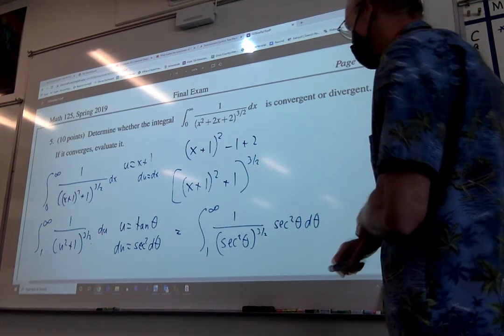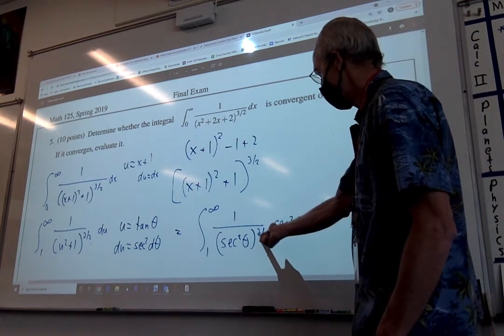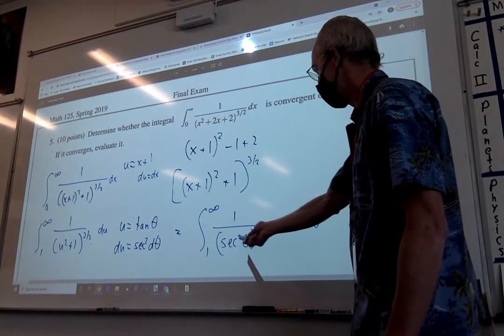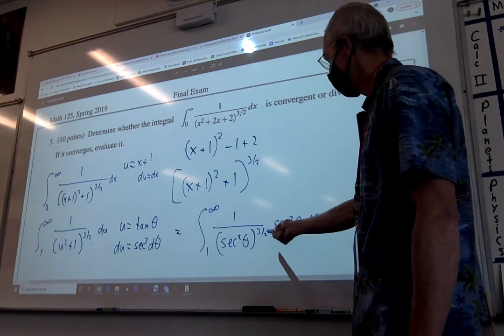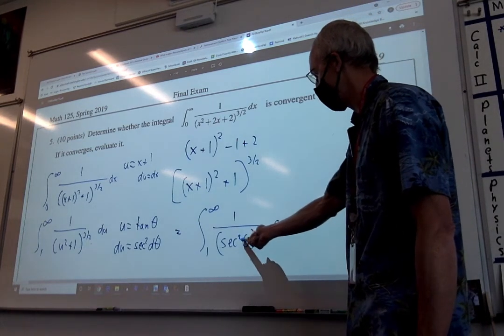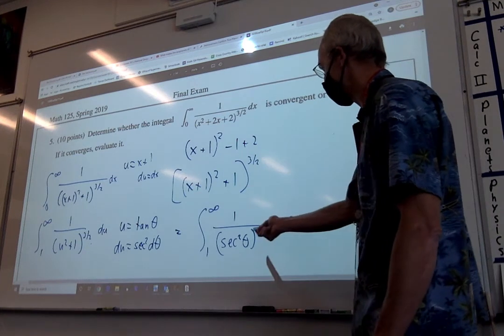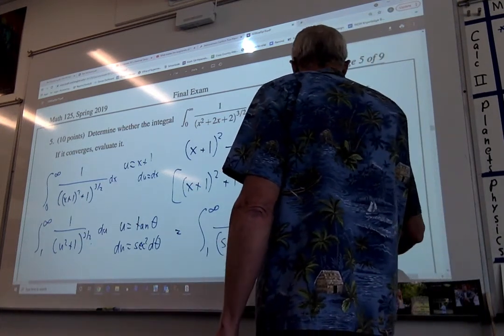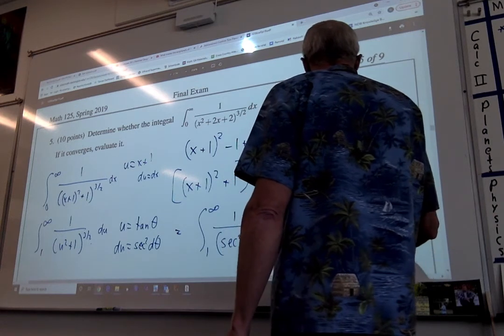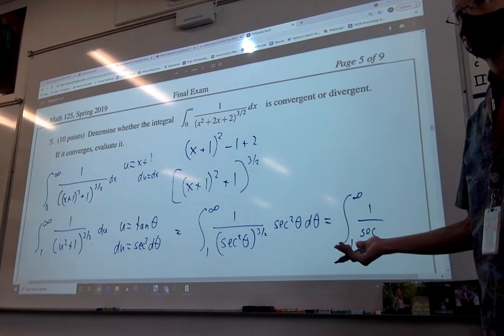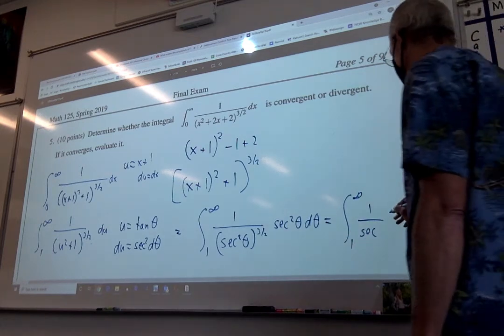Okay, this is tricky. This is 3 halves, this is squared. Secant squared theta to the 3 halves: the square root of secant squared is secant, so secant to the third. So it's secant squared over secant cubed, so 1 over secant, which is just cosine. So that's easy.